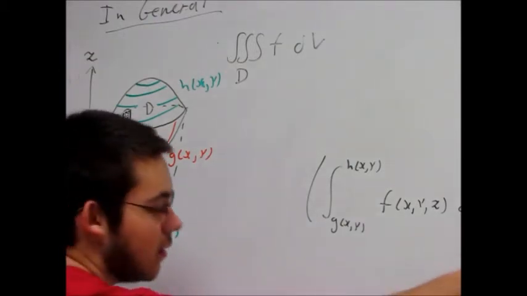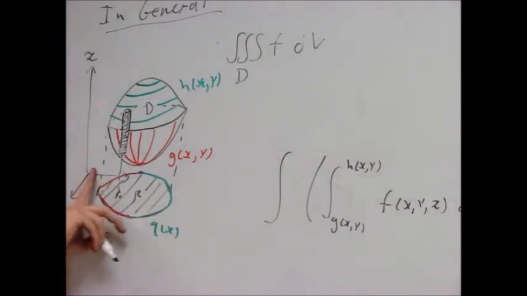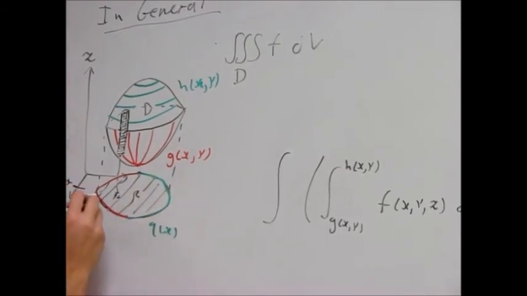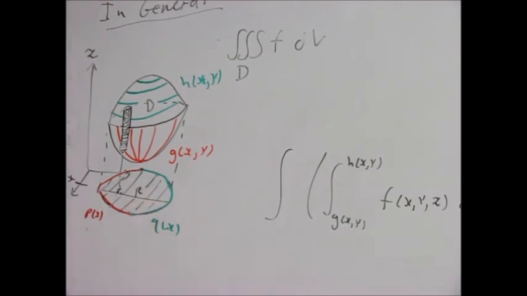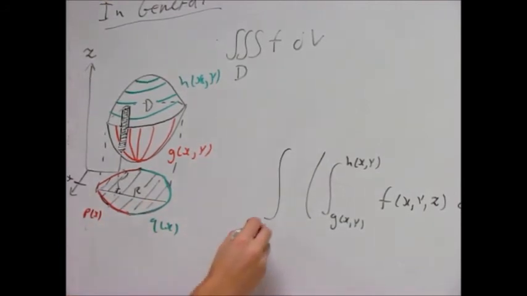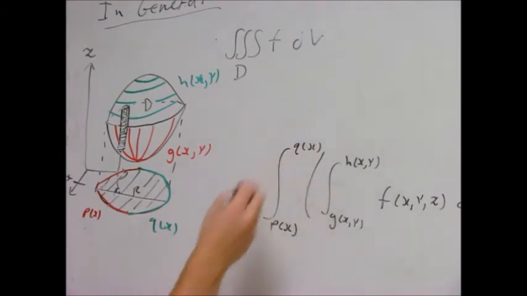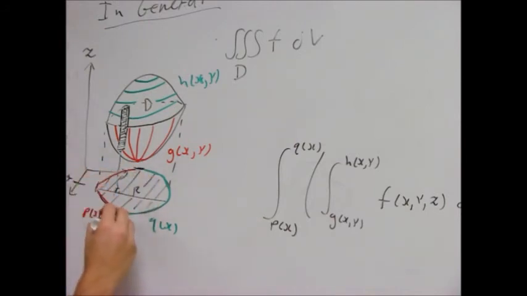You want to further do it, you would integrate from here to here. For every x value that you fix, you would integrate from P of x to Q of x, whatever these values are. And then finally, you would see where the x begins and where it ends. Let's say it's a value a and b.